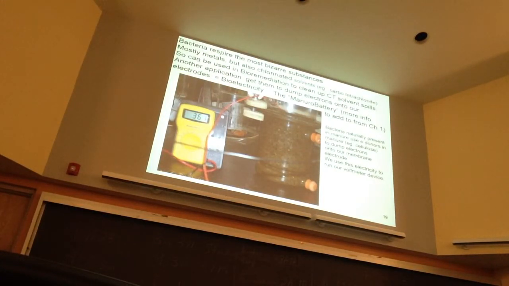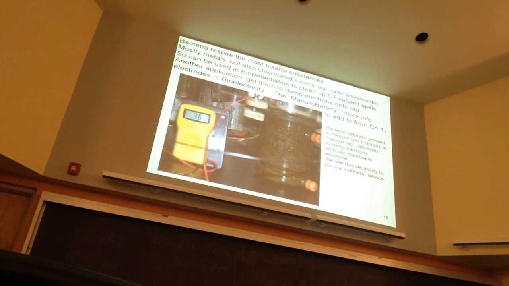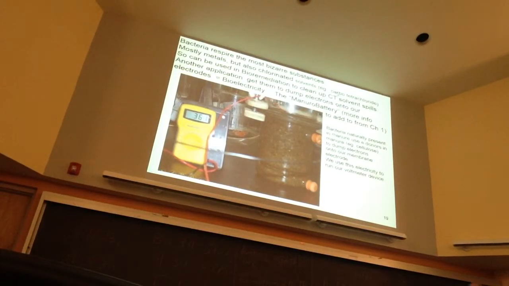So here's just a little bit of a review of what I just talked about. Bacteria can respire the most bizarre of substances, mostly metals like iron and manganese, sulfate, but also these chlorinated solvents like carbon tetrachloride. And there's a huge array of halogenated compounds.